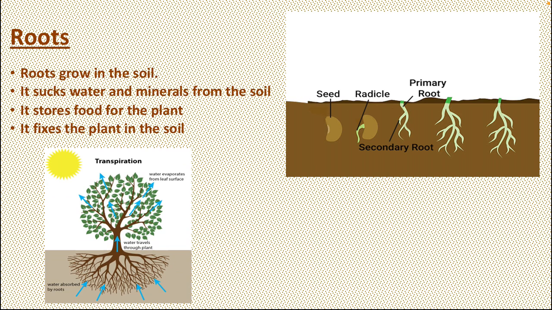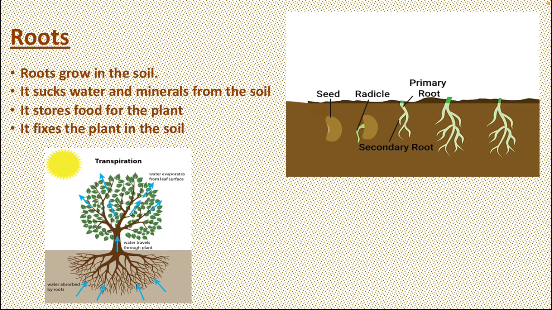Now in this picture you can see how the tree is absorbing water from the roots. Water is absorbed by the roots and water evaporates from the leaf surfaces. So these are the main functions of the root.